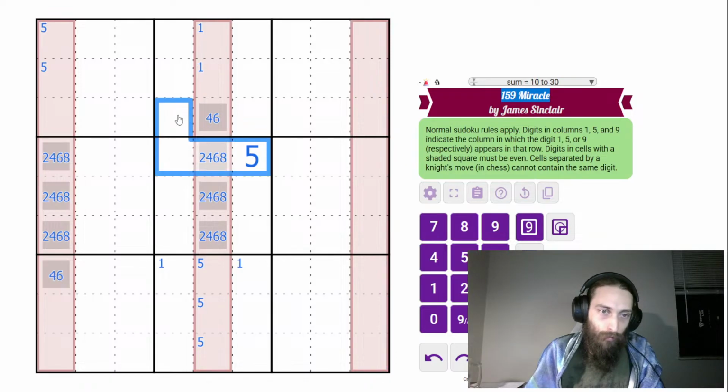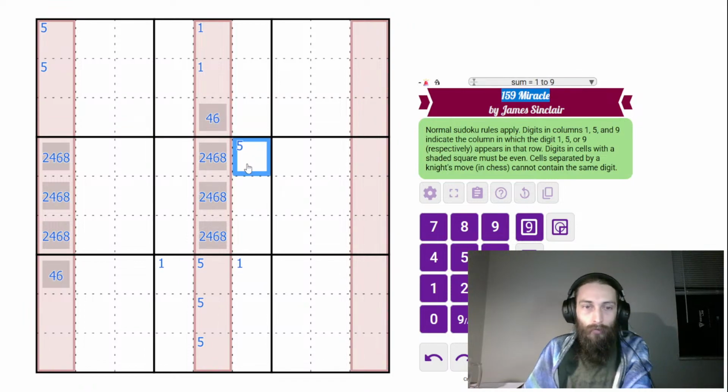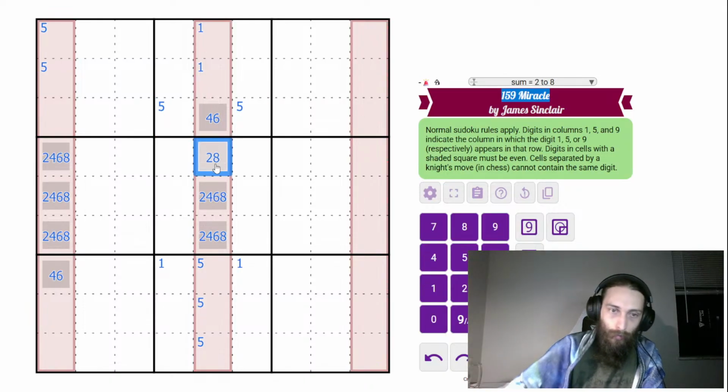Or we go 2 in one direction and 1 in the other. It gets us to the same place, however we go about it. And then I wouldn't be able to place the 5. So, we keep our 5s here, we take out 4 and 6.